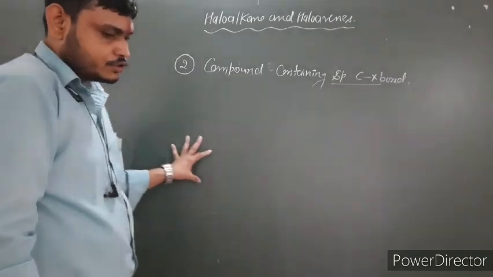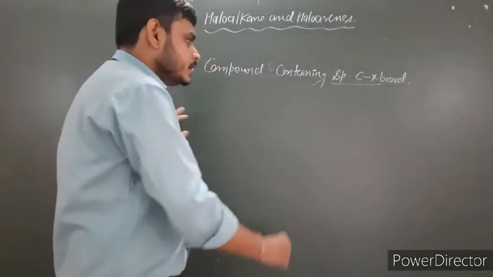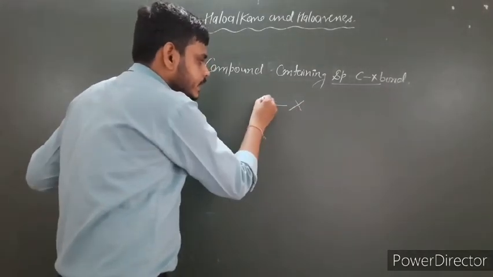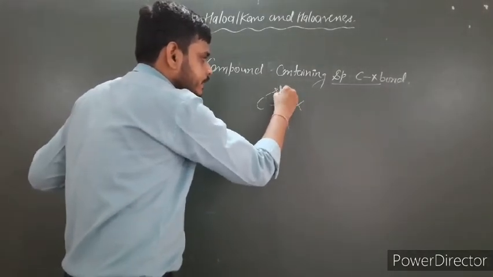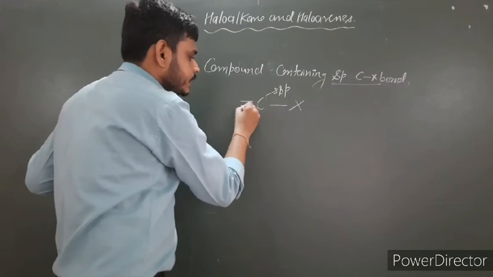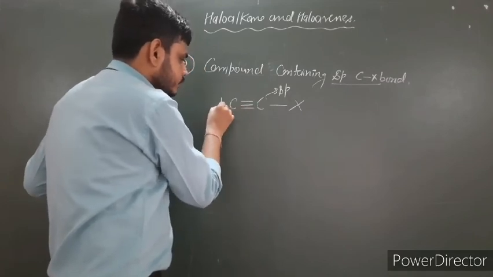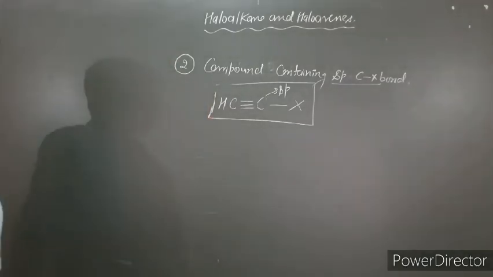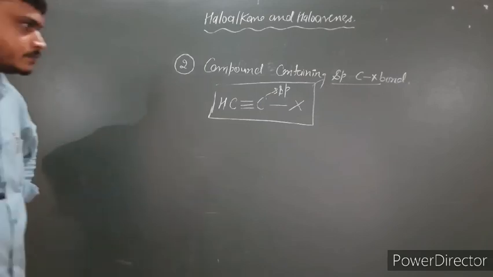In this type of halogen derivative, the halogen atom is directly attached with the sp hybridized carbon atom. Clear? This is the example of compound containing sp carbon halogen bond. Clear?